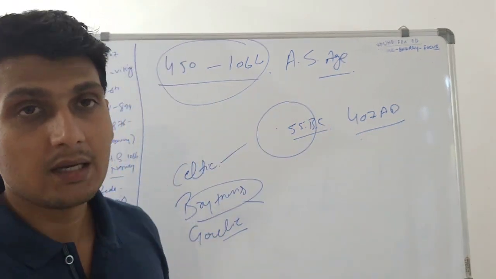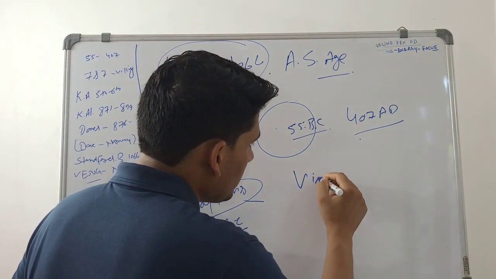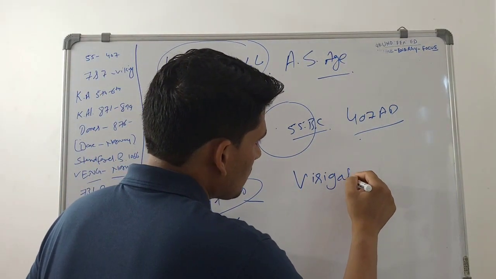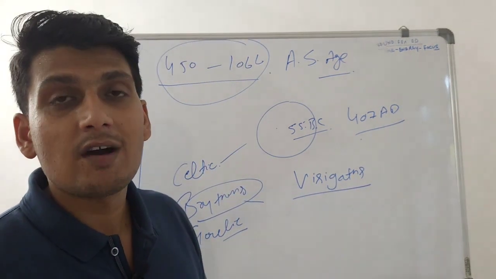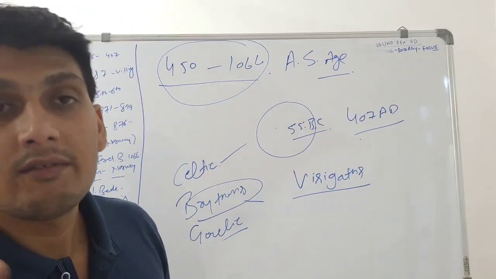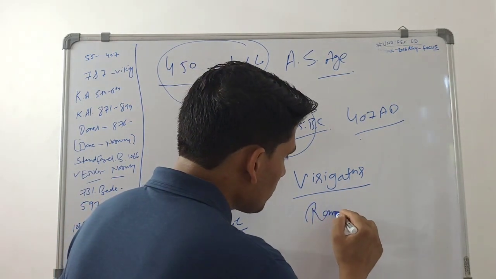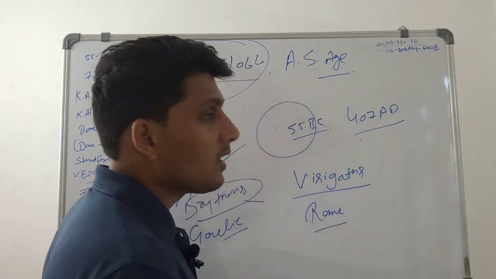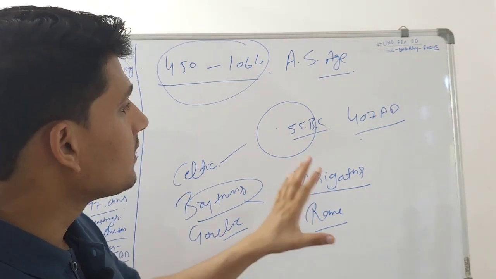Why? Because the Visigoths, who were violent German tribes, were invading the Romans' homeland, Rome. So in order to defend their own home soil, they had to withdraw from England in 407.